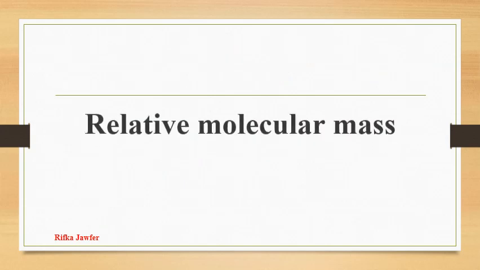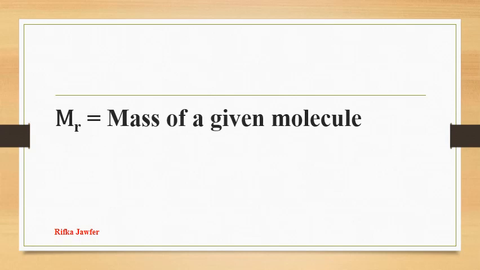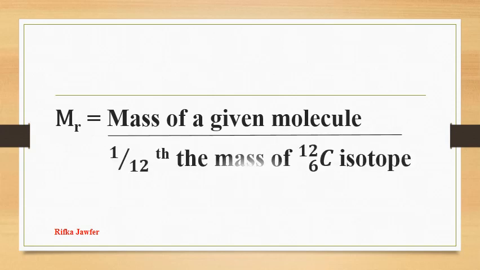So, we go with relative molecular mass to quantify them. How many times a given molecule of an element or a compound weighs as much as 1/12 the mass of C-12 isotope is the relative molecular mass of that particular element or compound.